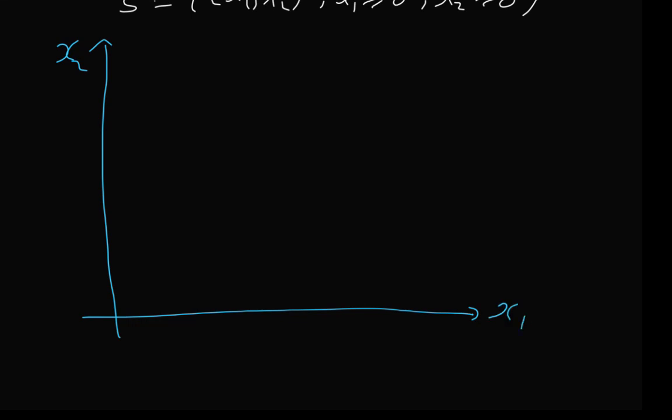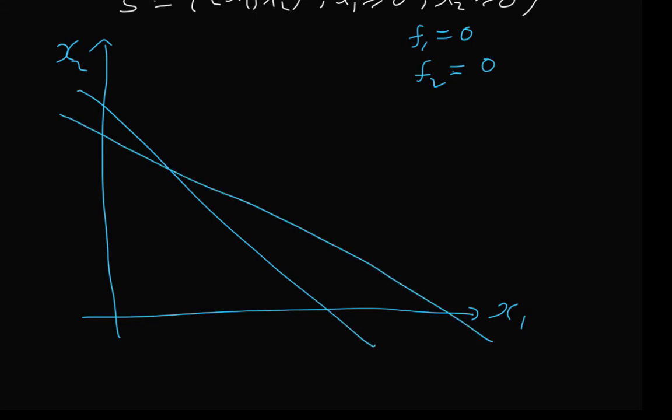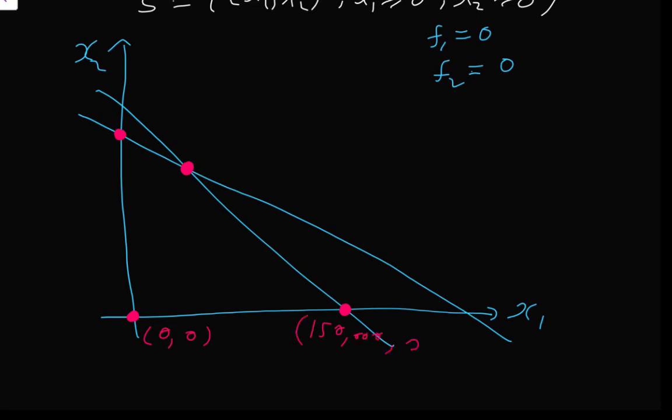If you consider the graphs of f1 equals 0 and f2 equals 0, you can get two graphs like this. So you see, we should consider 4 points here. This is (0, 0). So you can find this one (150,000, 0), (0, 400,000). This one depends on our alpha.